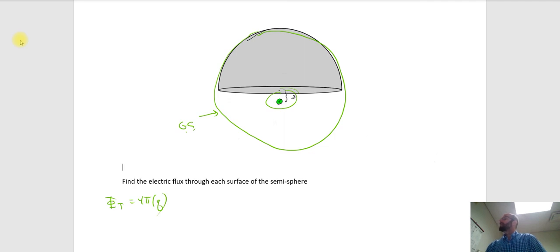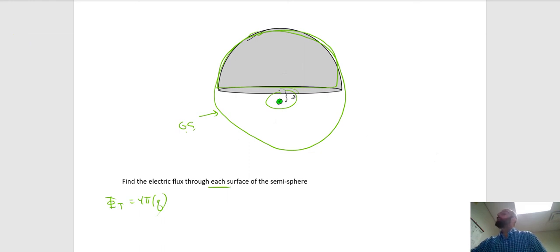Then recognize this: in our Gaussian surface, what fraction of that is here, basically. And that should tell you the flux through that top surface, right? So when it says each surface, there's one of them. Then decide whether or not that flux is positive or negative. Remember, outward normals are considered positive.